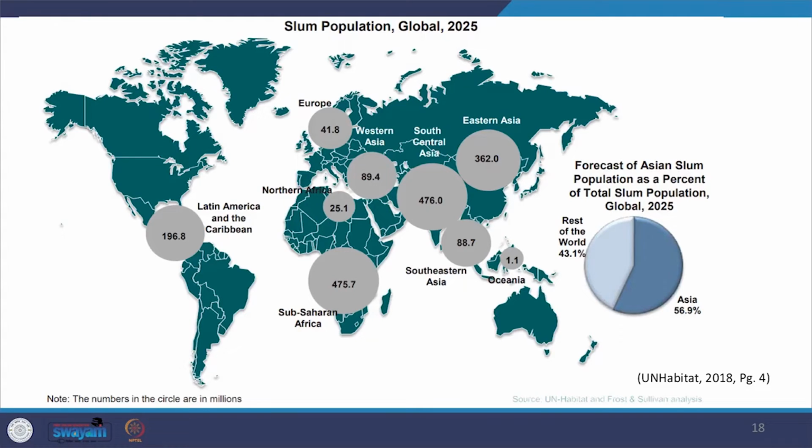The map shows projected number of global slum population by 2025. The numbers in circles are in million. It is estimated that Asia will have more than 50% of total slum population by 2025.